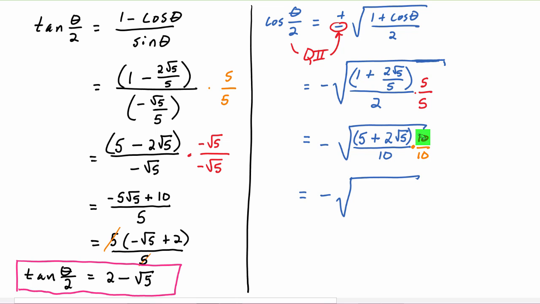We get 10 times 5 is 50 plus 10 times 2 radical 5 is 20 radical 5.